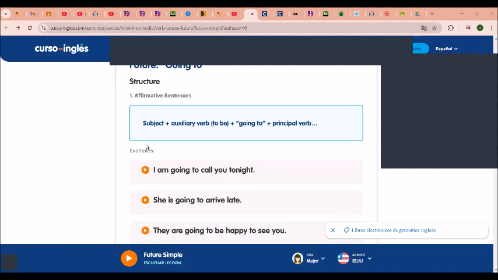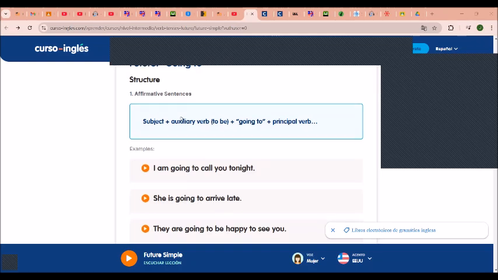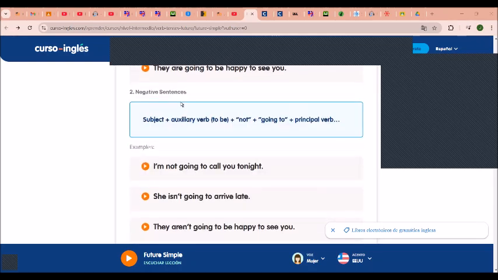That's a future plan. And therefore, we use going to plus our verb to express this future plan, often called the idiomatic future. In the negative sentences, just the same, we're making the switch where we have the auxiliary, and in this case, the verb to be. So I am not, she is not, she isn't, they aren't, you aren't.